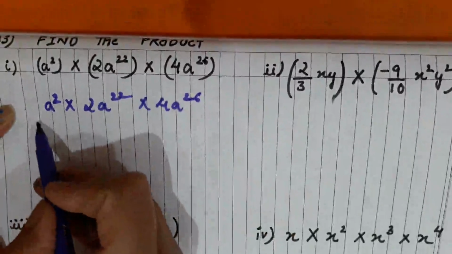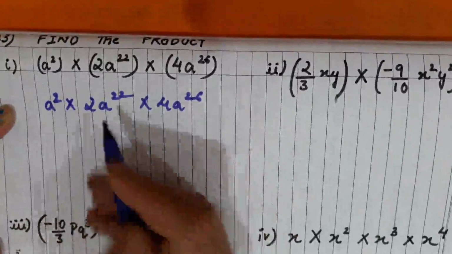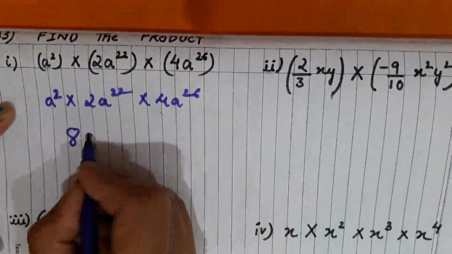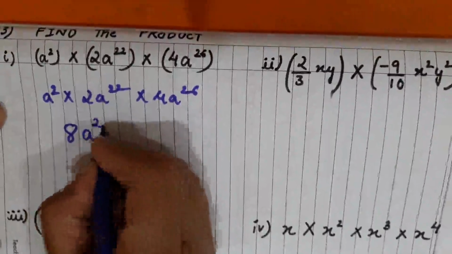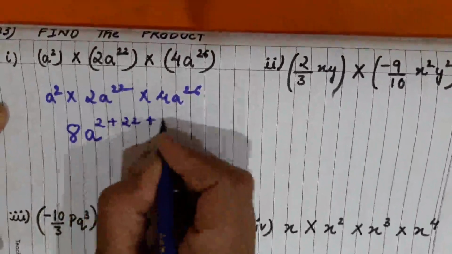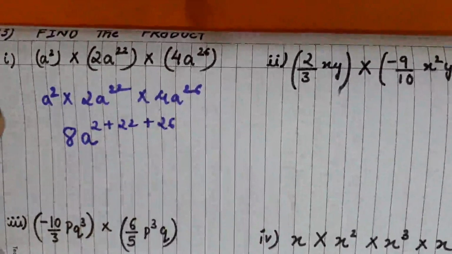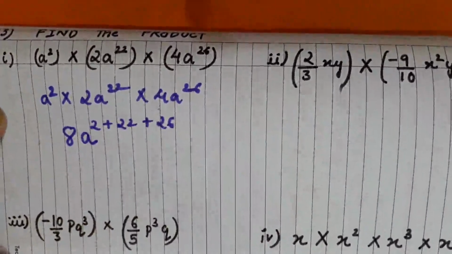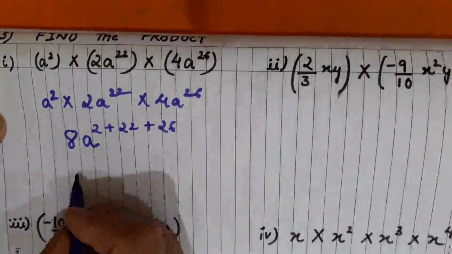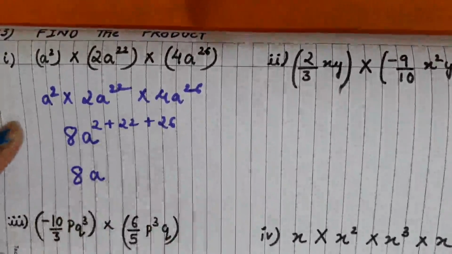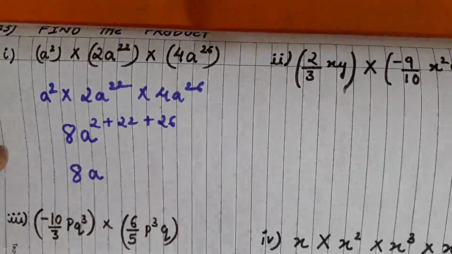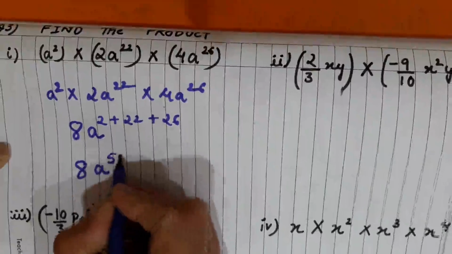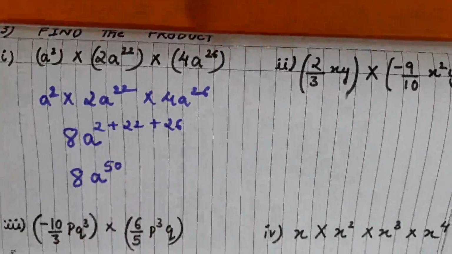Now no numeric value is here, 2 is here, 4 is here, so it gives you 8. Now all are having a, so we can add the powers 2 plus 22 plus 26. So what are you getting? You will get 8a to the power 50. Okay, I hope you are getting my point.